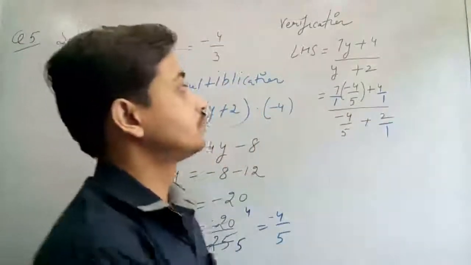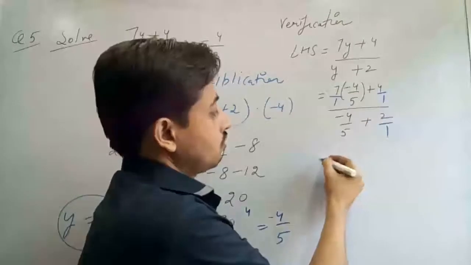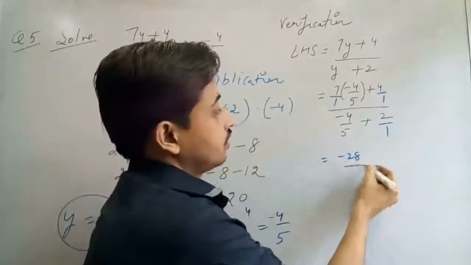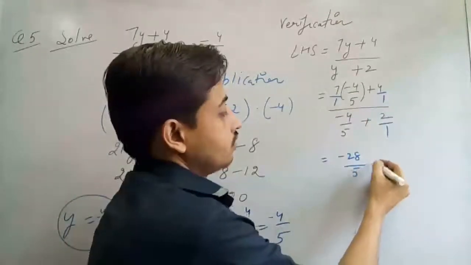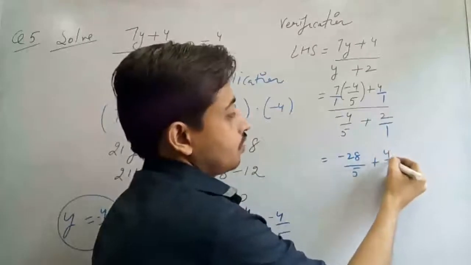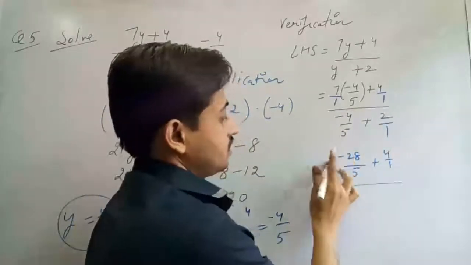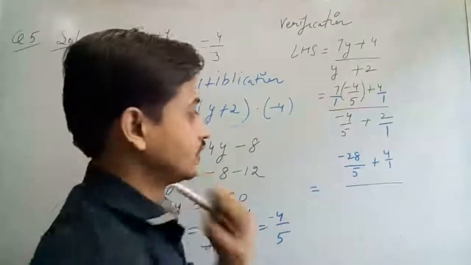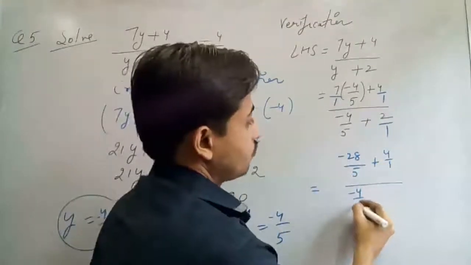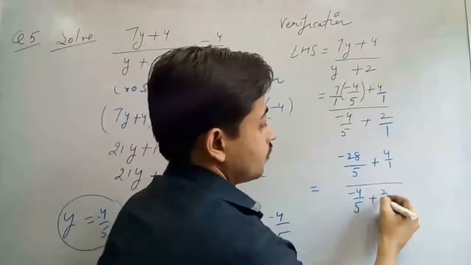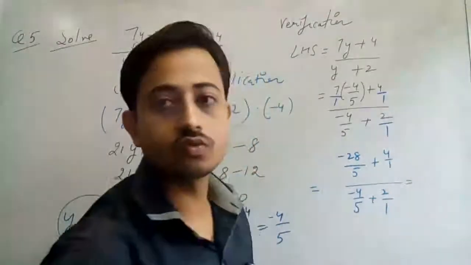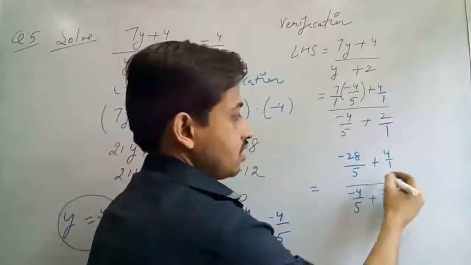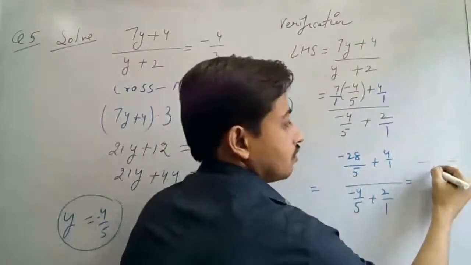Now do multiply. 7 into minus 4, we get minus 28. 1 into 5, we get 5, plus 4 by 1. Same here, in this no multiplication, so I am writing minus 4 by 5 plus 2 by 1. Now next step is we have to do LCM. 5 into 1, we get 5.